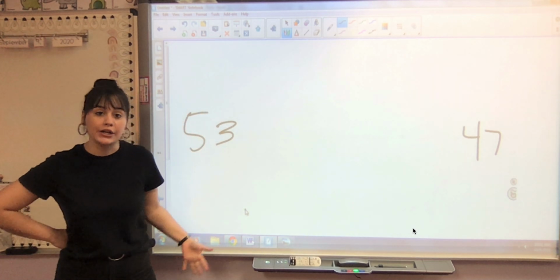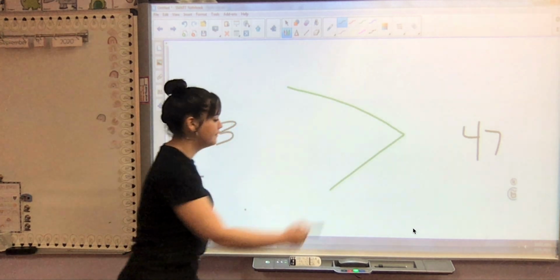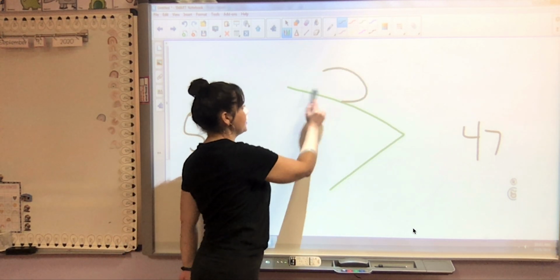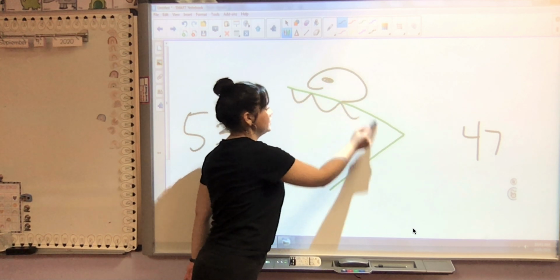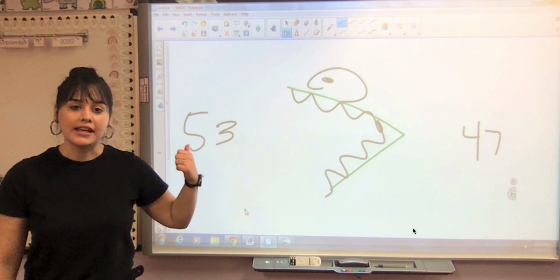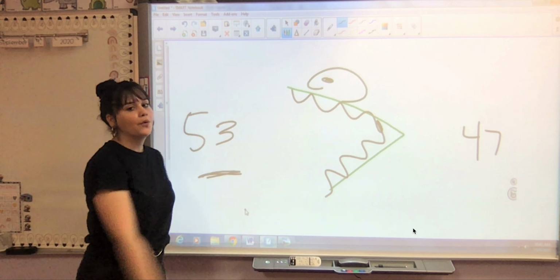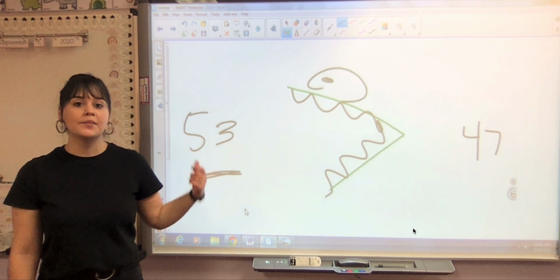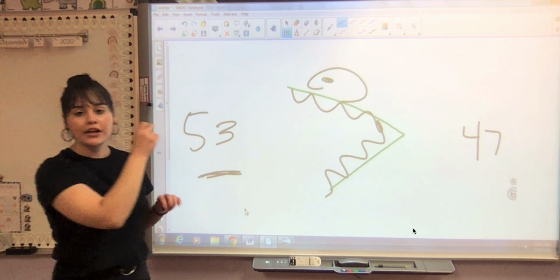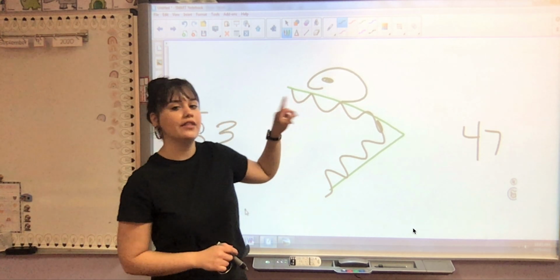Which one's greater? He's going to want to eat the 53, because the 53 is the greater number. The 53 is the greatest one. That's the biggest. So 53 is greater than 47. My alligator is always going to want to eat the biggest number. 53 is greater than 47.